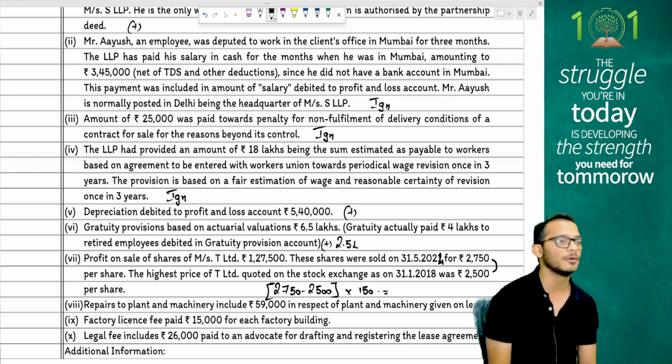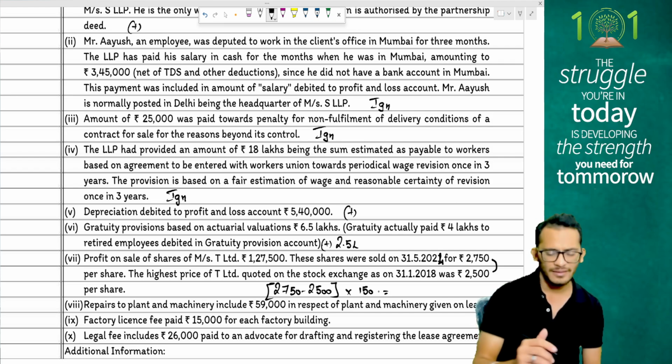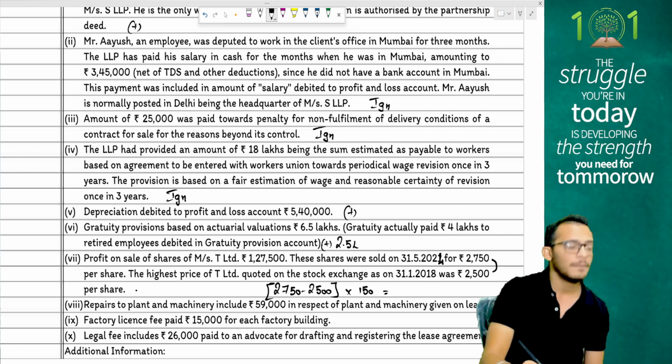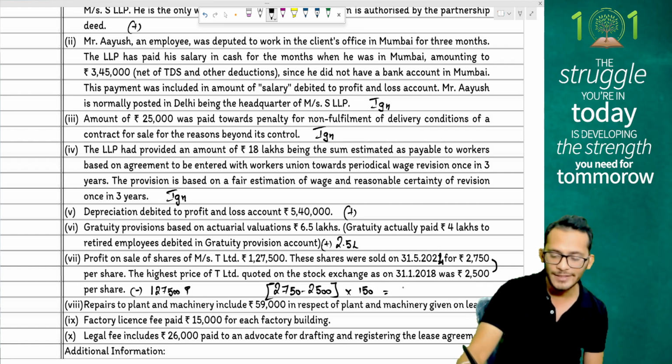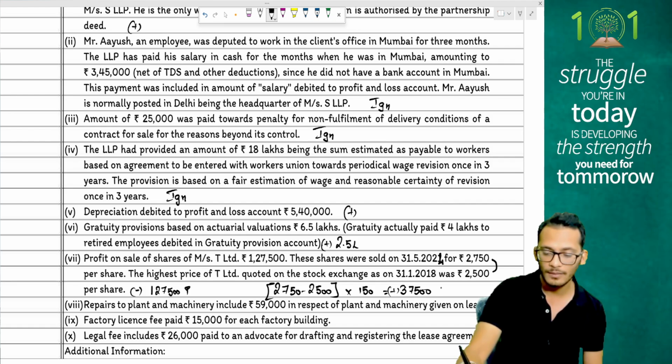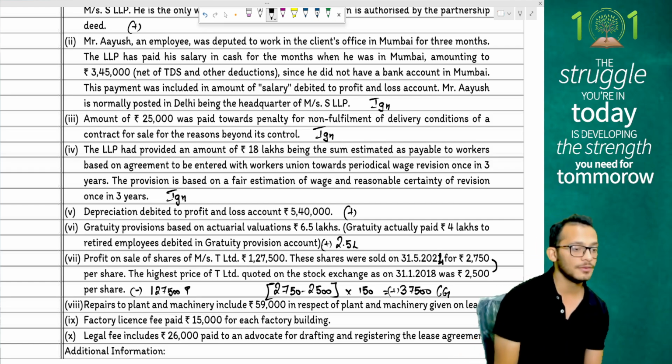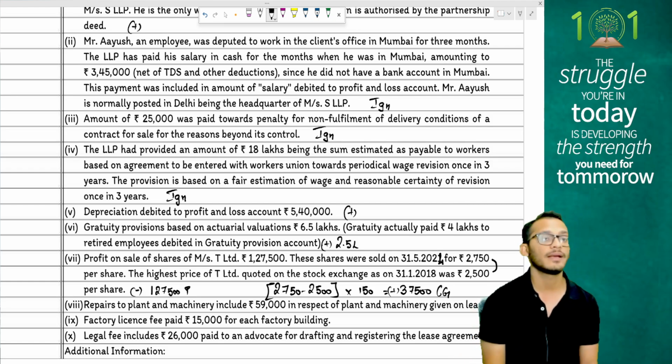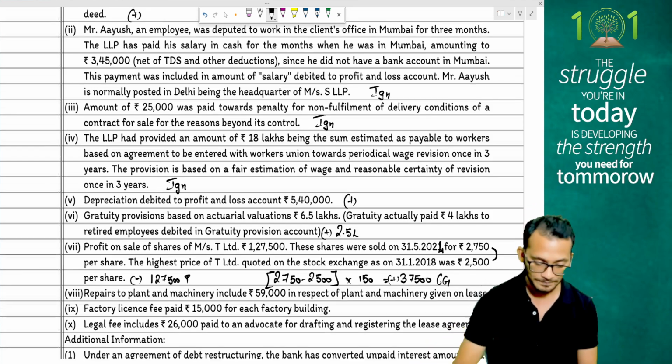Under PGBP, you will minus 127,500, and under CG you will report 37,500. Agreed? Everyone? Yes.